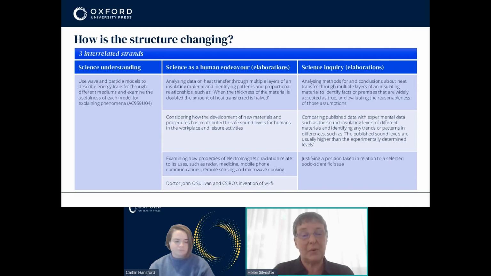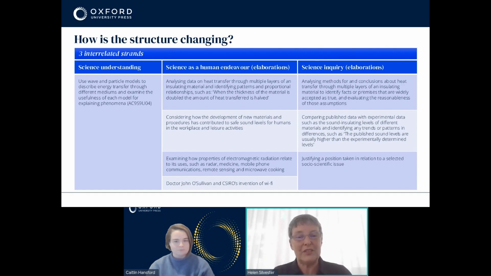So I think the point that I'm trying to make is that it's very tempting to go and look at the science understanding and what you need to teach in that. But you also need to pull apart the science as a human endeavour and find opportunities within those elaborations to teach, and make sure that you're covering and reporting against each of science as a human endeavour and science inquiry.